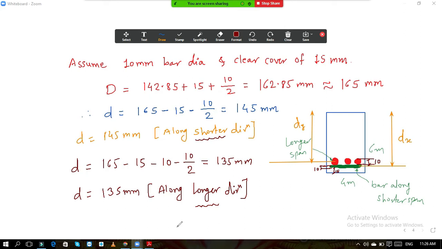Okay, so now after the effective depth we will calculate the effective span. Effective span again we will calculate for both the directions, for shorter direction as well as for longer direction. Effective span, for shorter direction.